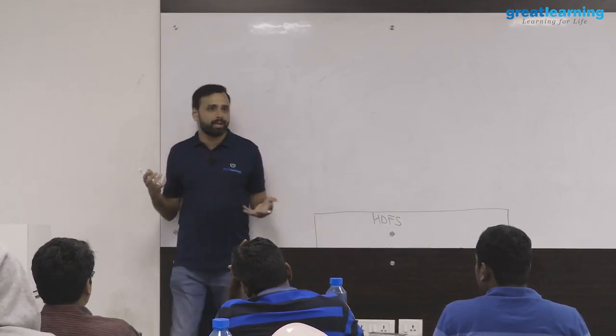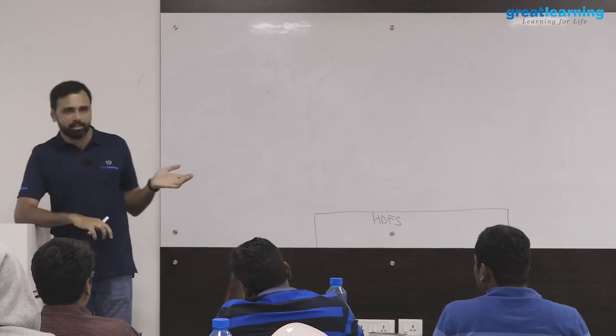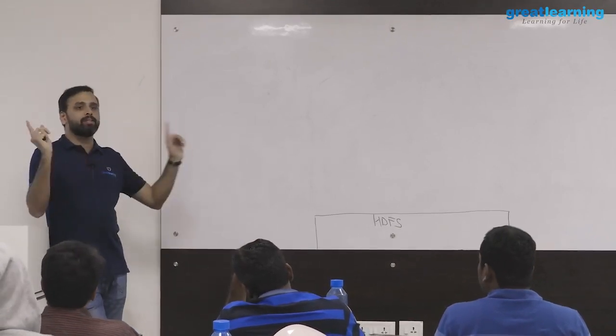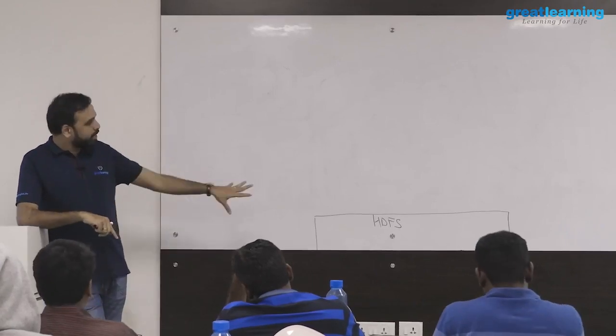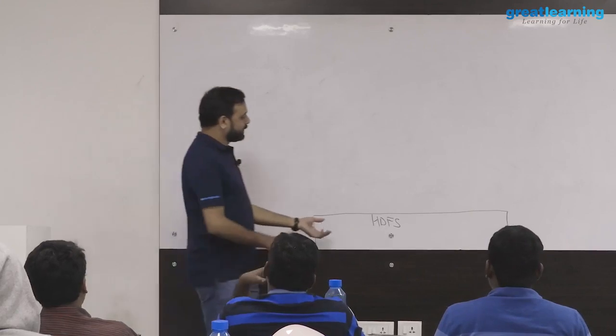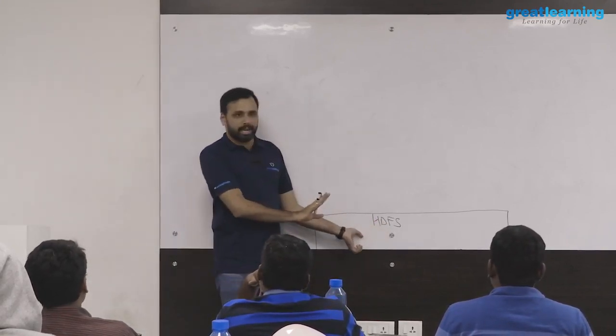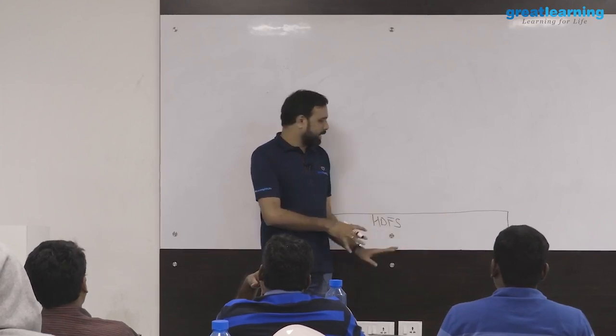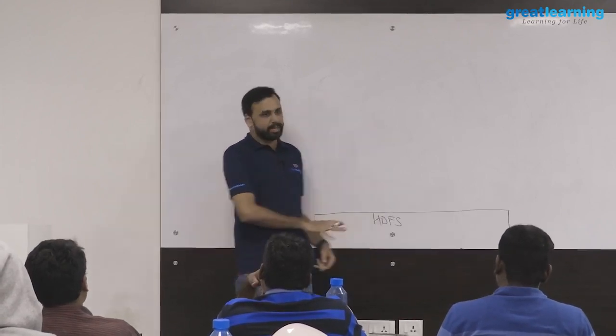So when you build a Hadoop cluster, let's say you are using 100 machines, okay? What Hadoop will do is combine all these 100 machines into a single file system called HDFS, right? So I'm just drawing HDFS here to tell you that Hadoop is there and the storage part is handled by HDFS. And imagine we have a cluster there, okay?